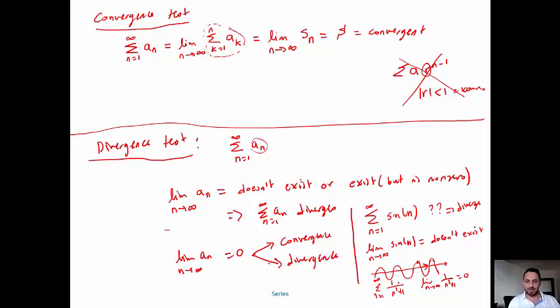So the divergence test is not enough. You need another test to make sure it converges or diverges. So we need a further test. There are several tests like the integral test, the ratio test, the root test, the comparison test, and many more.